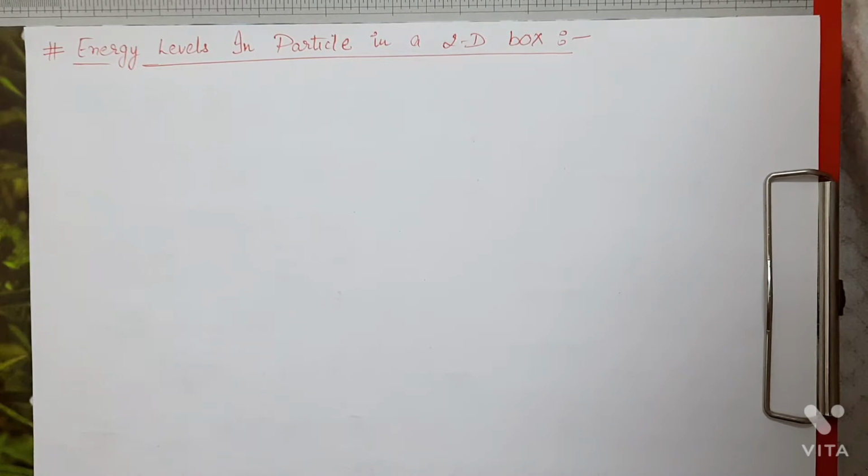So in the previous video of quantum chemistry, we were on the topic of particle in a 2D box. Continuing with the topic, we are going to discuss the energy levels of particles in a 2D box.